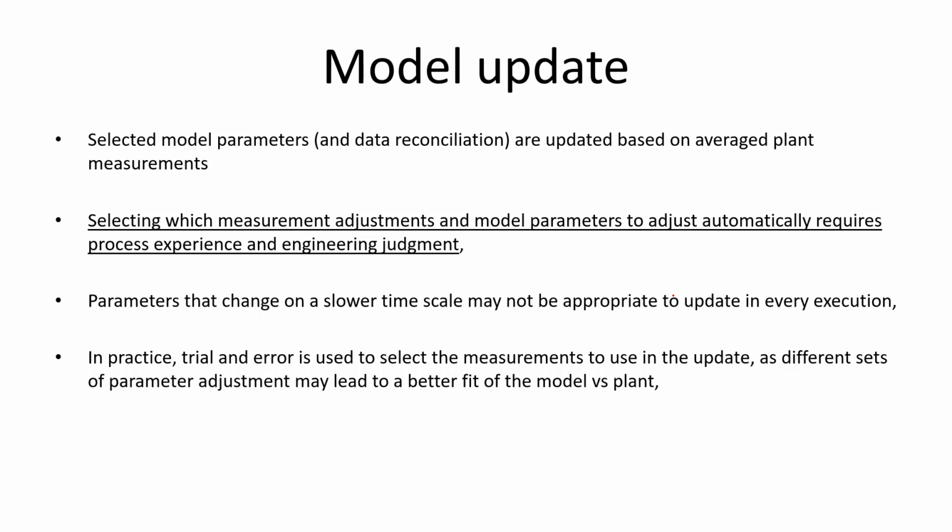And then model update. Selected model parameters are updated based on average plant measurements. We know this already. Which measurements do we have to adjust, and which model parameters do we have to fine tune? It requires experience on the plant, experience on the process, and also engineering judgment.